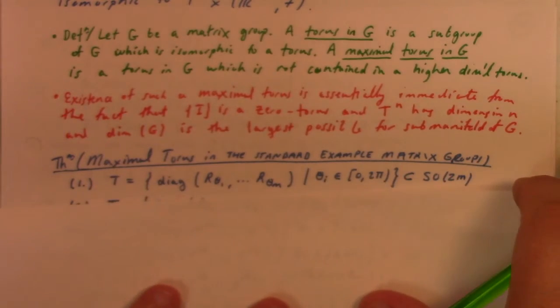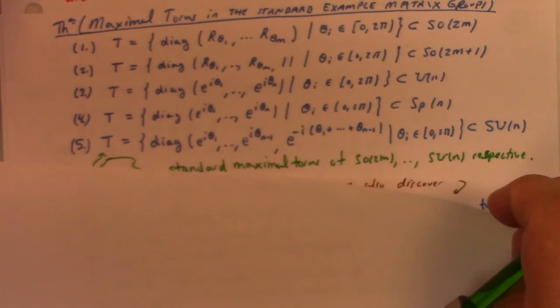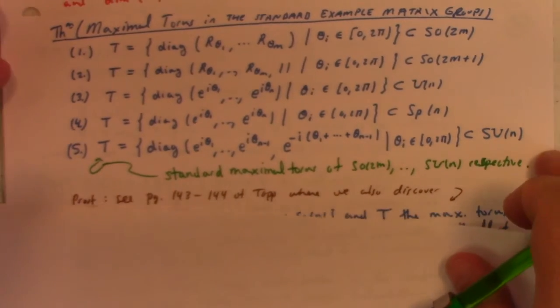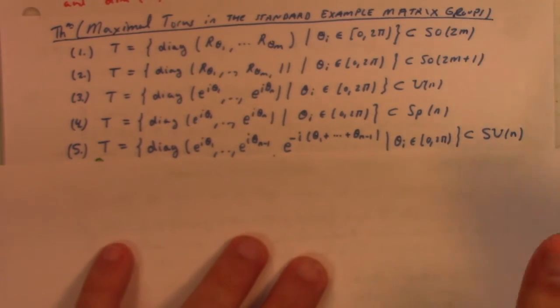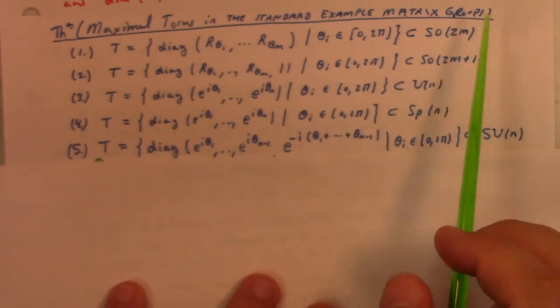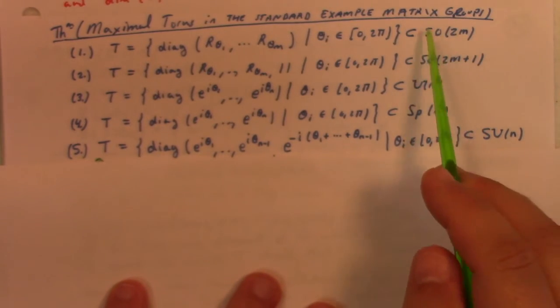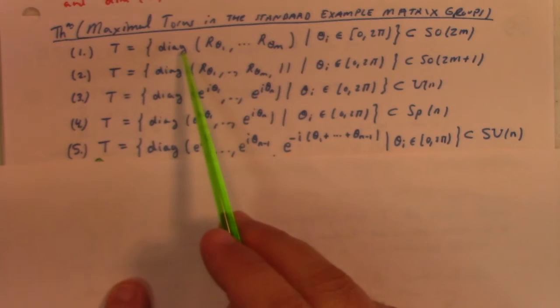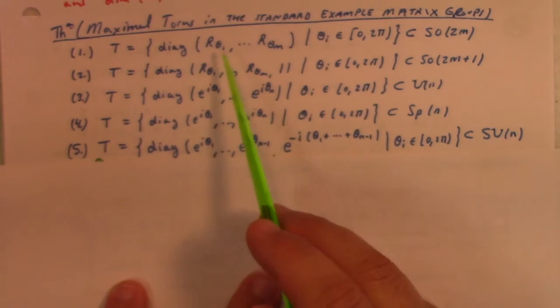So here's a theorem about the maximal torus, with some of our favorite examples. The maximal torus in standard example matrix groups. First of all, the maximal torus in SO(2m), so an even dimensional special orthogonal group, is just like that, the diagonal.